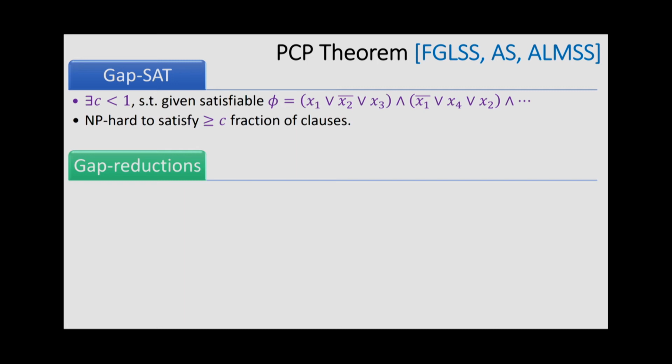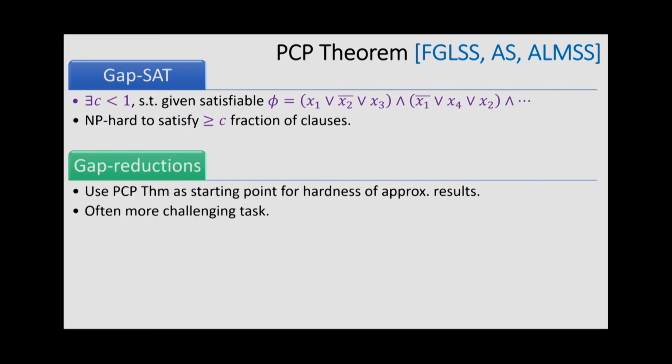And just like in the Cook-Levin theorem, once you have established hardness for some approximation problem, you can start doing gap reductions to prove hardness of approximation results for other problems. But these reductions are a bit more challenging because you need to keep a ratio between the yes case and the no case.